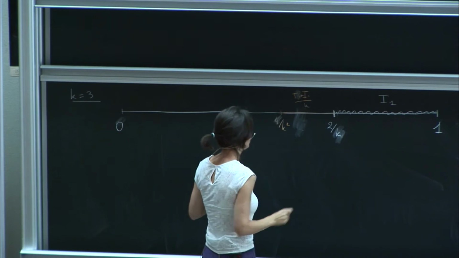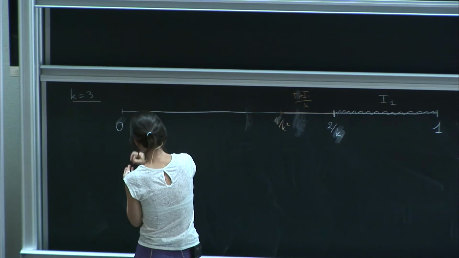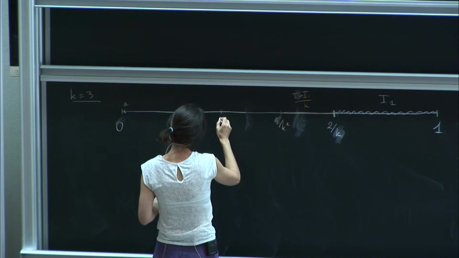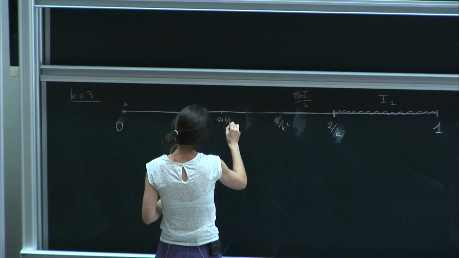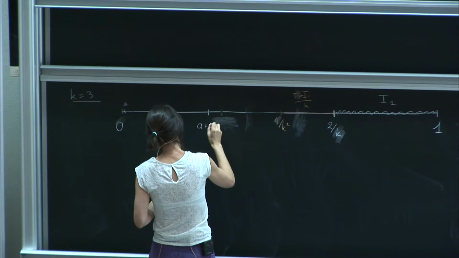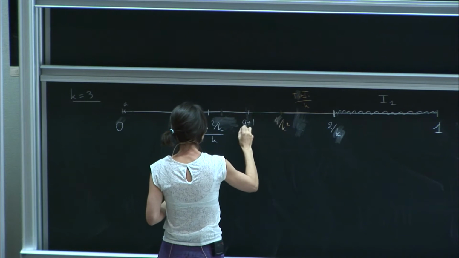For intervals, that's the same. And you cannot take either what is between A plus 2 over k divided by k, and A plus 1 divided by k.